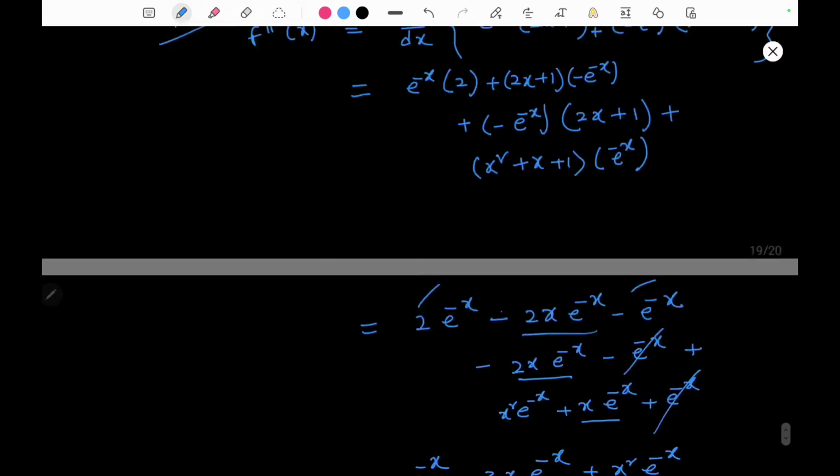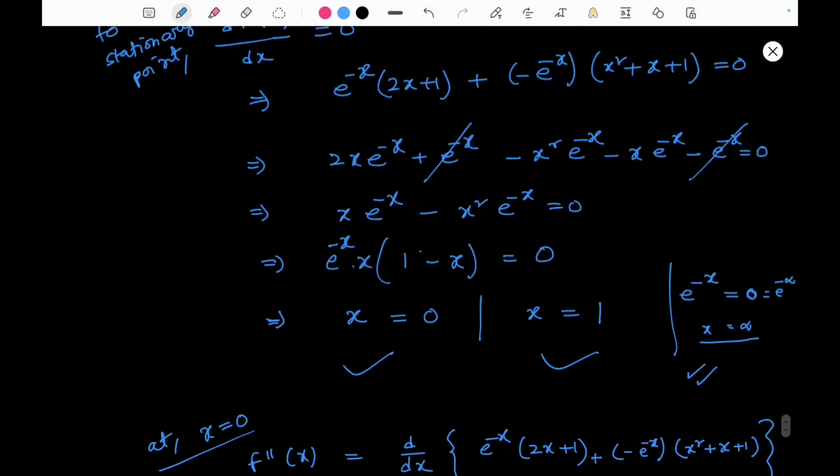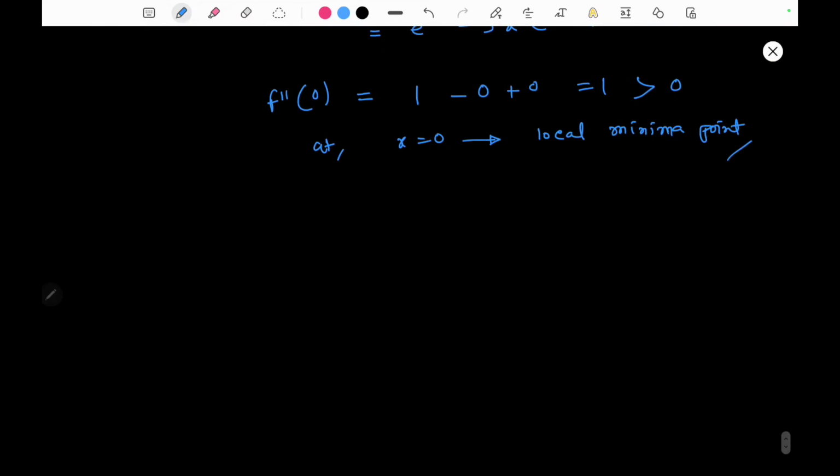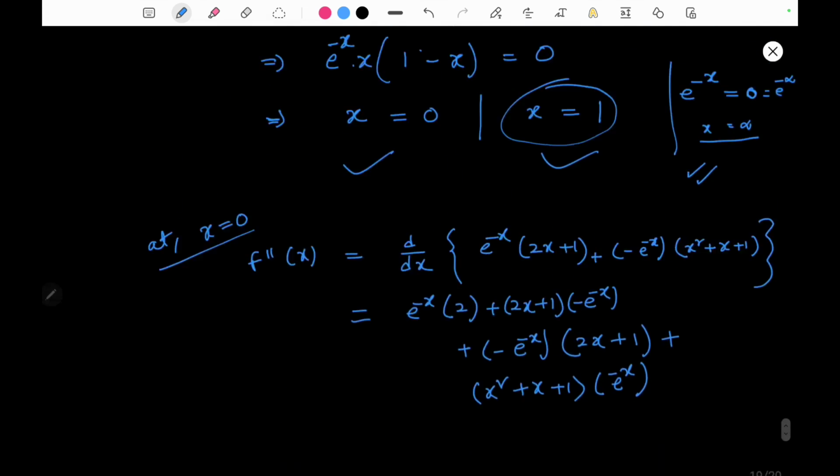Now another stationary point is there, x equal to 1.